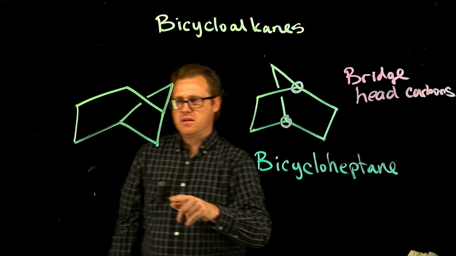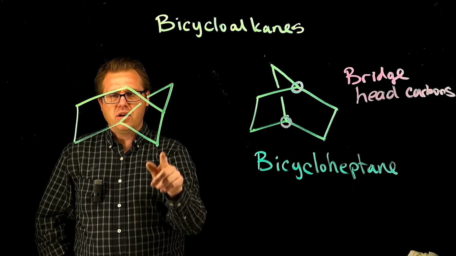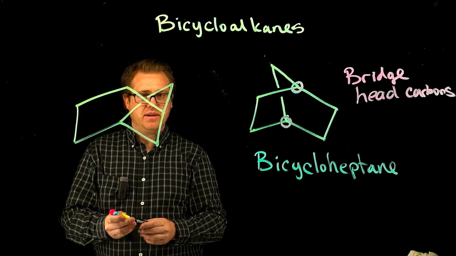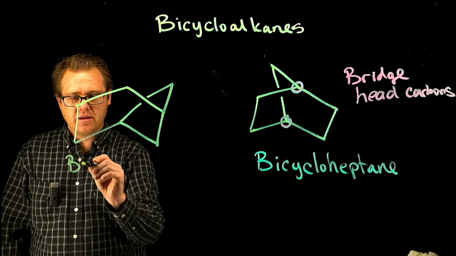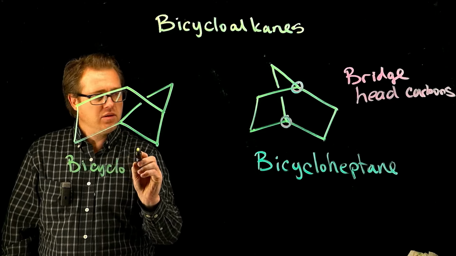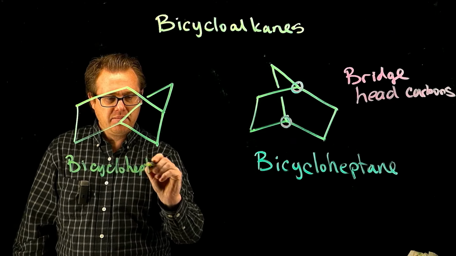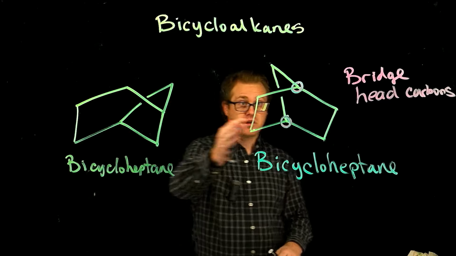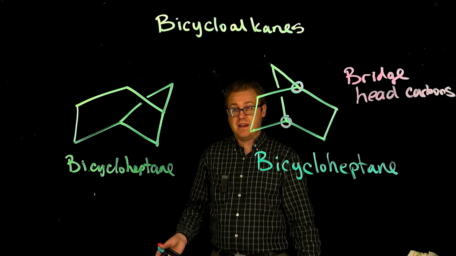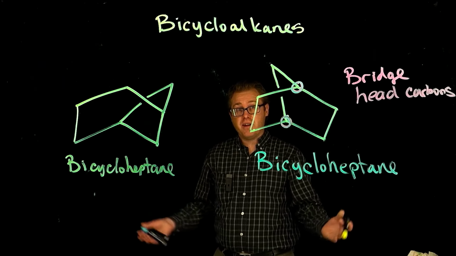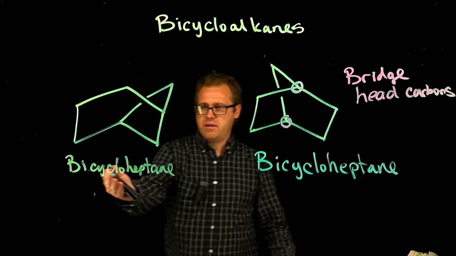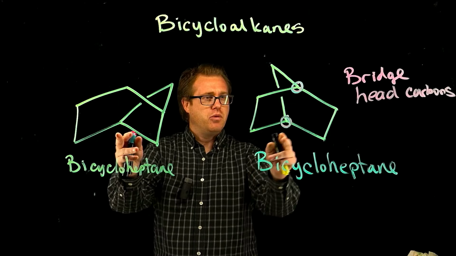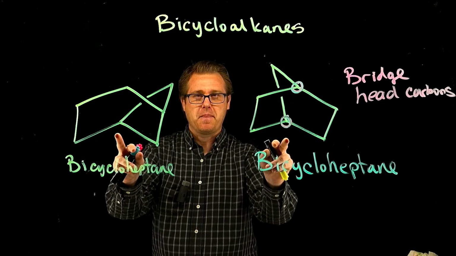Well, when I look at it, this is a bicycloalkane, and it has 7 carbons. So I could call it bicycloheptane. But when you look at the 2 structures, you can clearly see that they look different. But how can I name them the same thing? If I did, which one would you know I'm talking about?